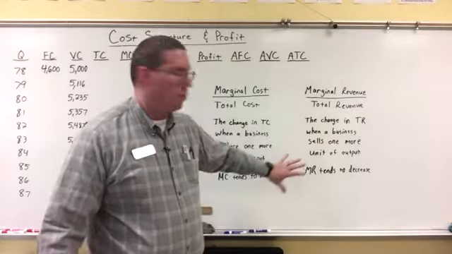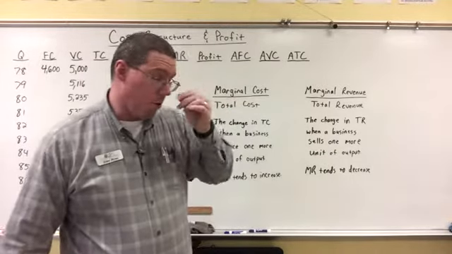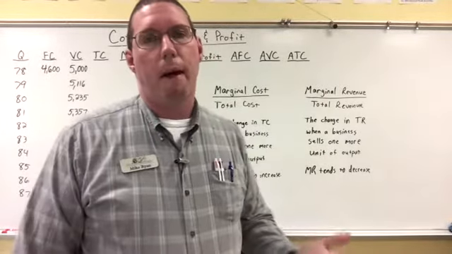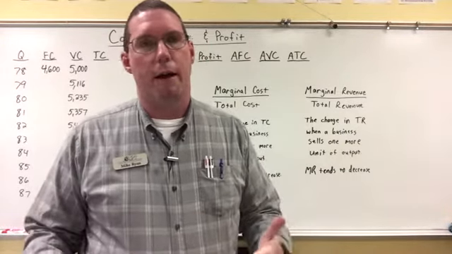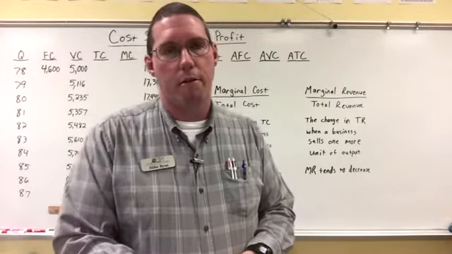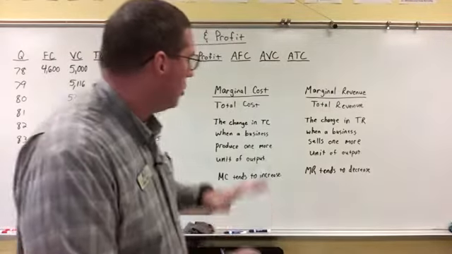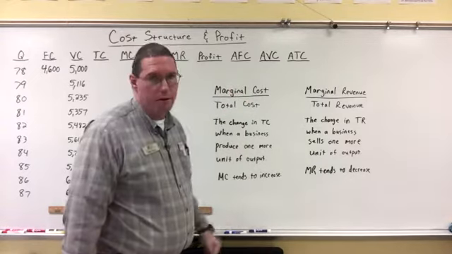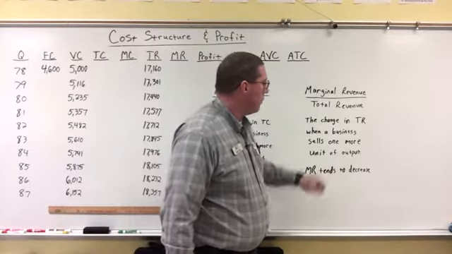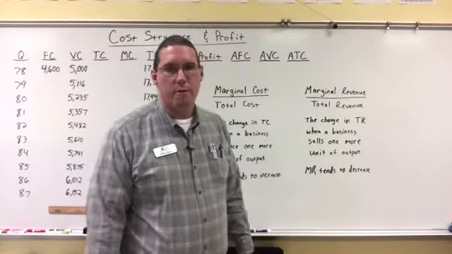These two concepts are very important in the conversation about the profit that a business earns. We're not ready to have that conversation right now. We're probably going to have it in the next lesson, okay? But just understand for now what marginal cost is and that it tends to increase, and what marginal revenue is and that it tends to decrease, okay?